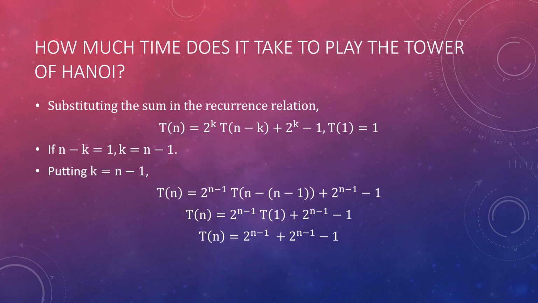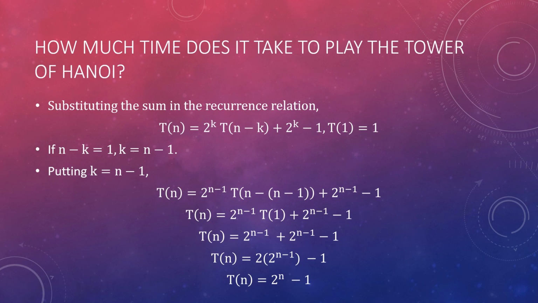2 to the power n minus 1 is written 2 times. I can write it like this. Tn is 2 times 2 to the power n minus 1 minus 1. And then I write this. Tn is 2 to the power n minus 1. This is the number of moves required to play the Tower of Hanoi for n discs.